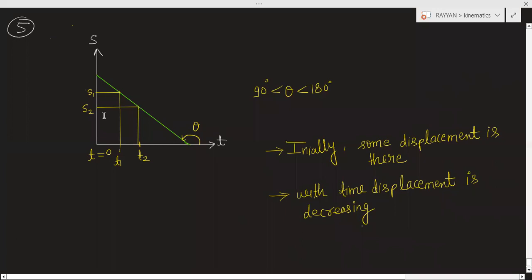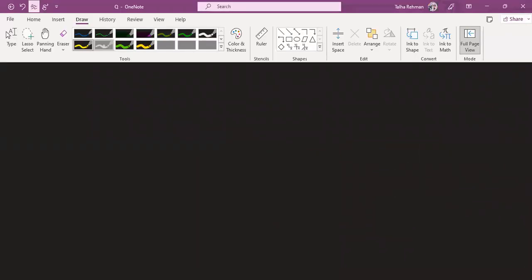So few points we should write for the uses of displacement time graph.